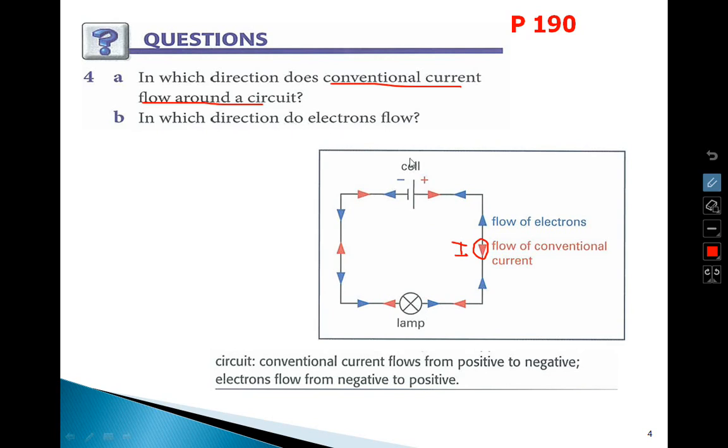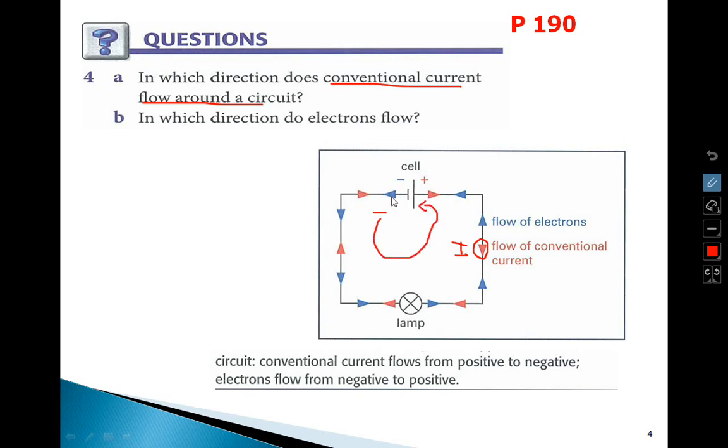In the opposite way, in which direction do electrons flow? Electrons are moving in the opposite direction of I. So electrons start from minus to positive, because they have negative charge and are attracted to the positive part.